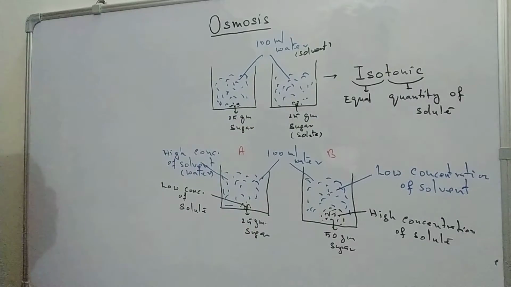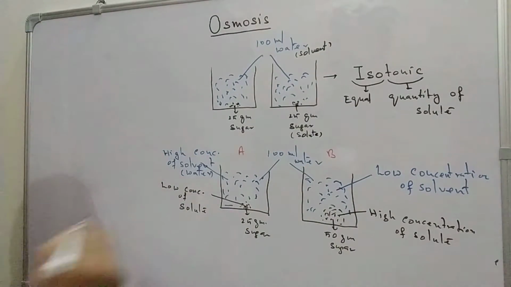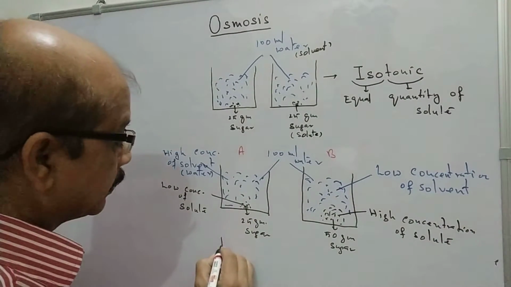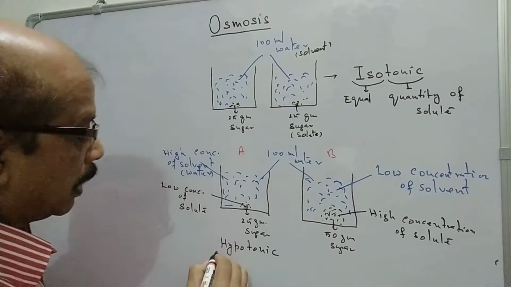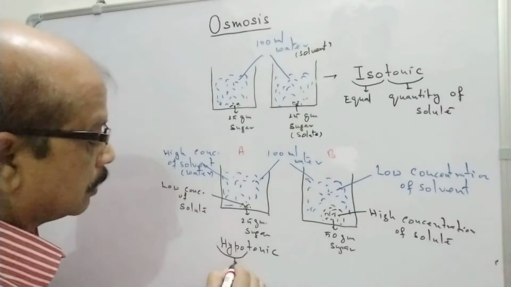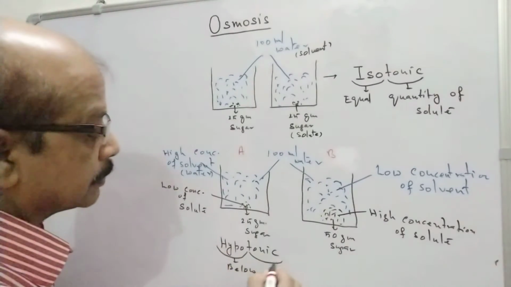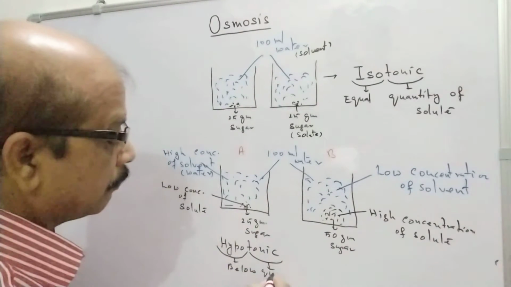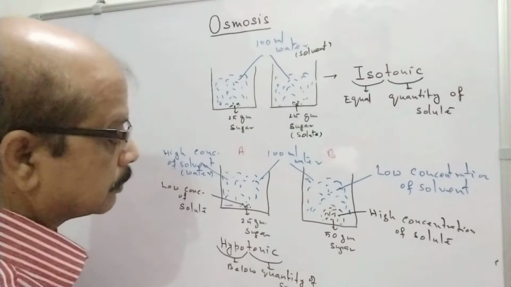We are naming these solutions on the basis of the quantity of solute. Here the quantity of solute is low, here high. So such a solution is known as hypotonic. Why hypotonic? Hypo means below, and tonic means quantity of solute.